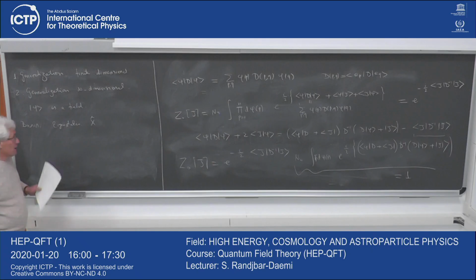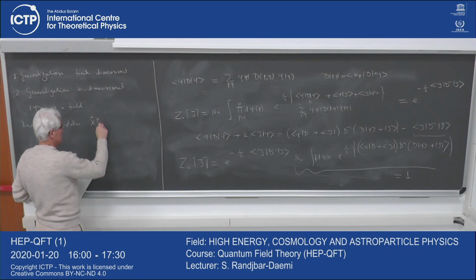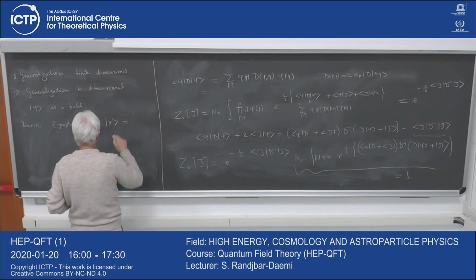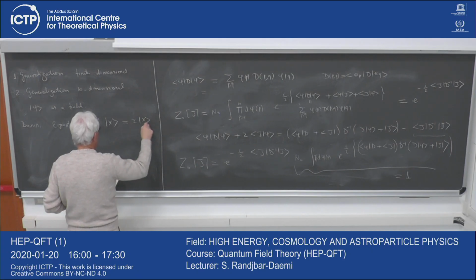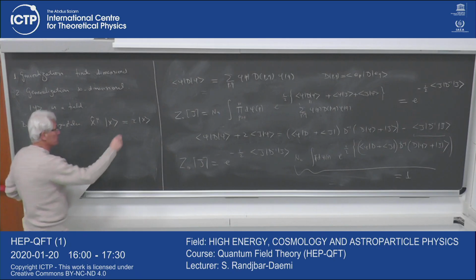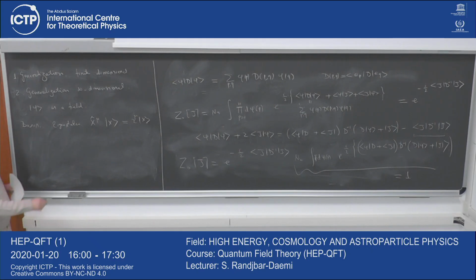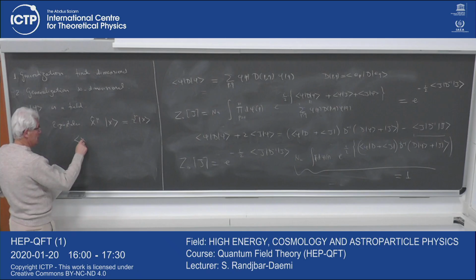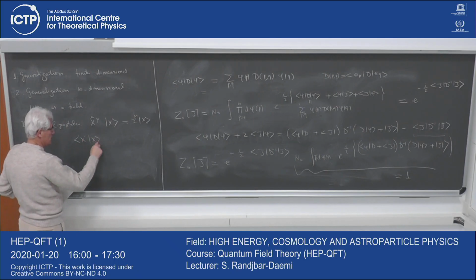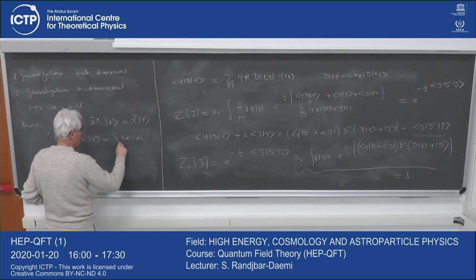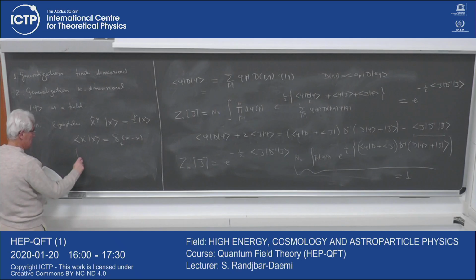So we will take x hat and assume that it is diagonal. In the Dirac notation, they are orthonormal in the Dirac sense, and they are complete.